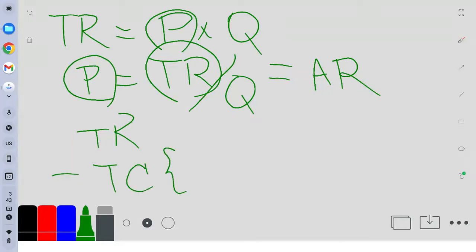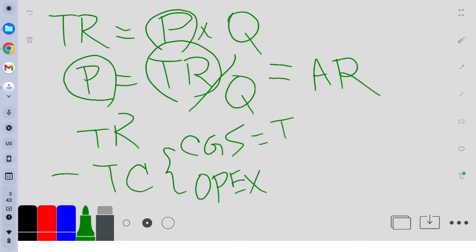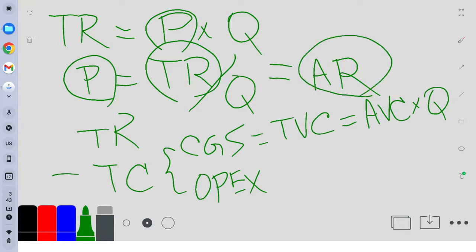And the total cost comes from CGS and operating expenses, right? And CGS is also called total variable cost, which is what? Average variable cost times quantity. Isn't it right? Now, since we are dealing with price, which is average revenue, let's think about it.